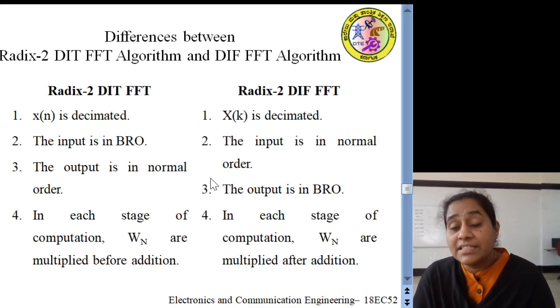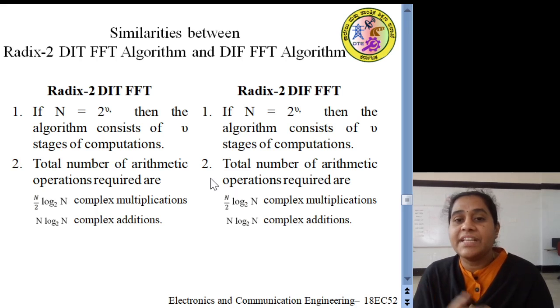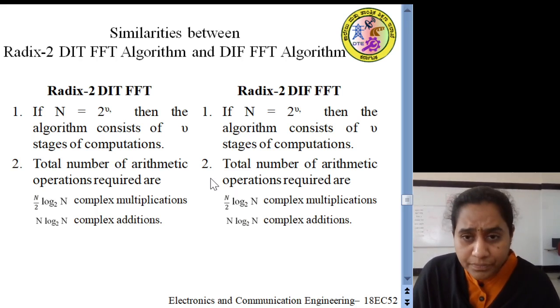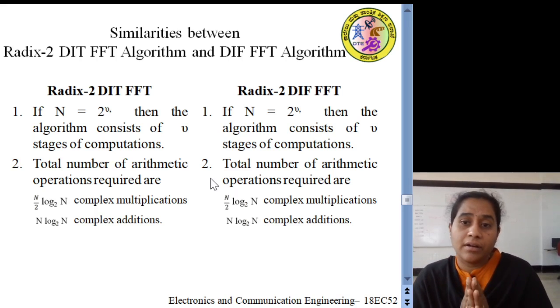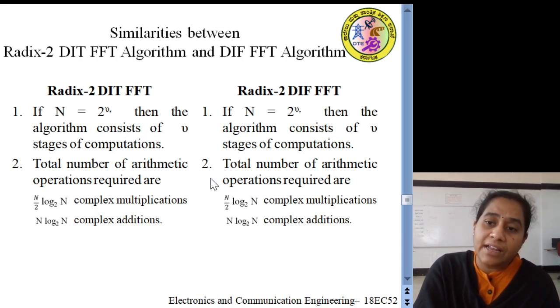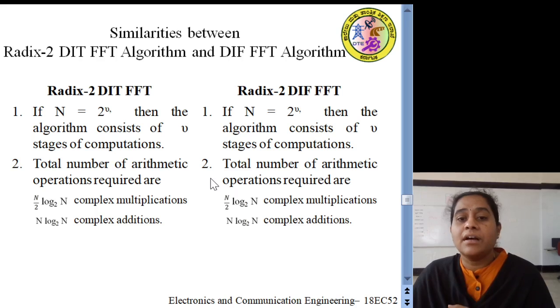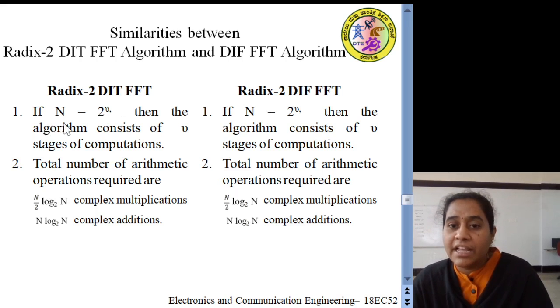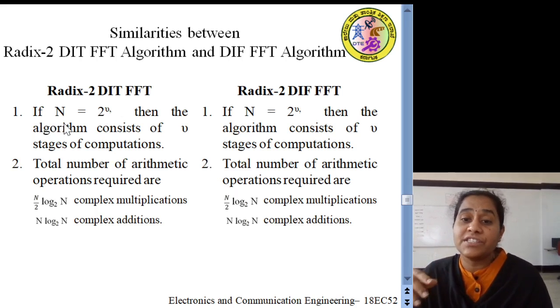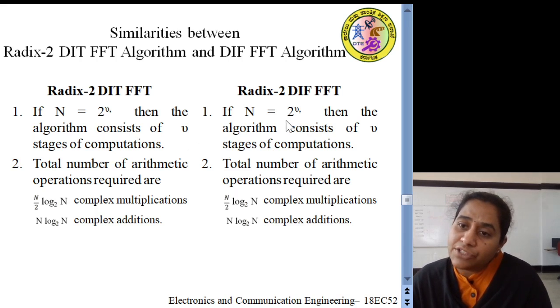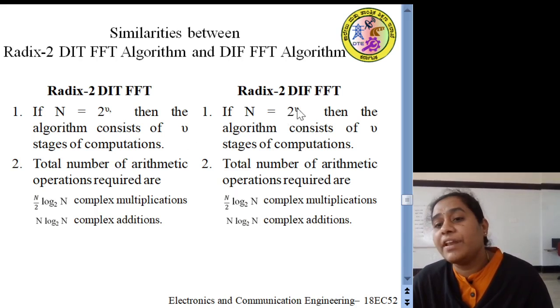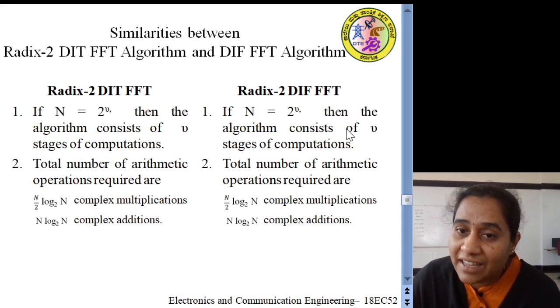Now let us see the similarities of these two algorithms. If we observe the same N-point DFT being found using the DIT FFT algorithm and the DIF FFT algorithm, the first similarity is that if N is equal to 2 to the power nu, then the algorithm consists of nu stages of computation.